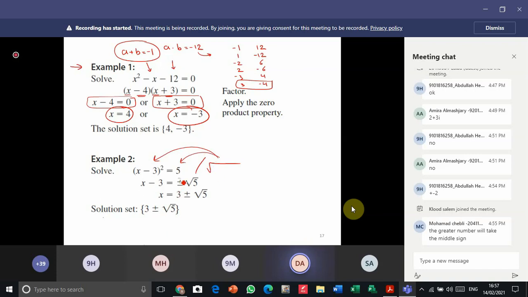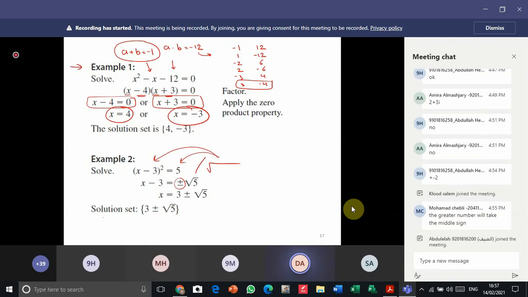But we must put it positive and negative on the other side, okay? And radical 5 is still radical 5. We do not need to simplify and find it by calculator. Put it as radical 5 as it is.